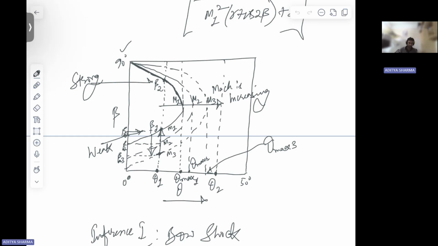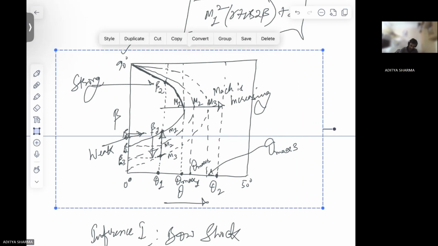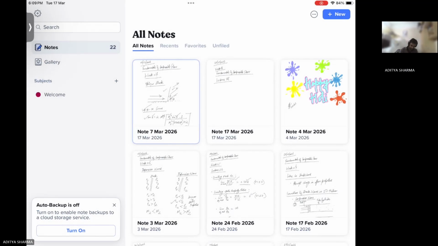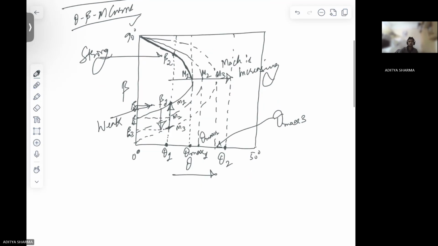So the first topic is your theta beta M curve.